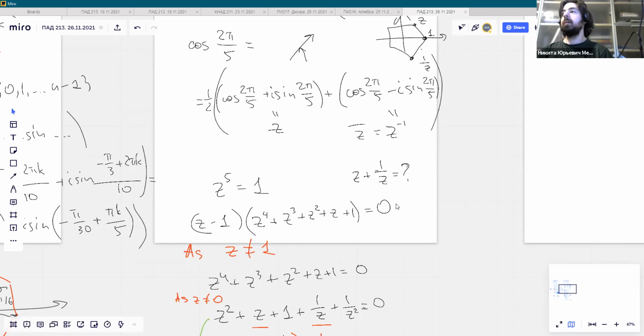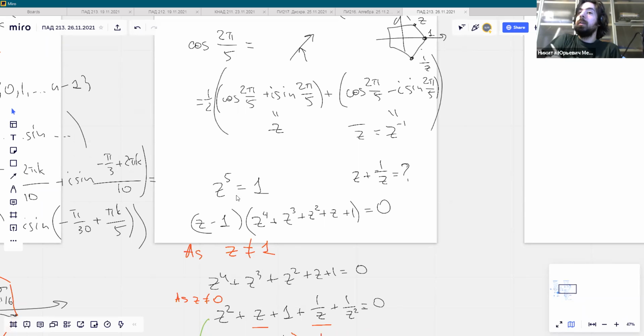Unfortunately, this trick kind of works only for this angle, so it's not something that is widely used. Because if your angle is something over 3 or over 4 or over 6, you already know how to find it. It is well known. And if it is over 7, for example, then you will get an equation of high power.